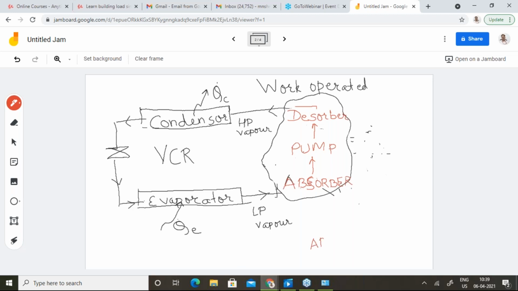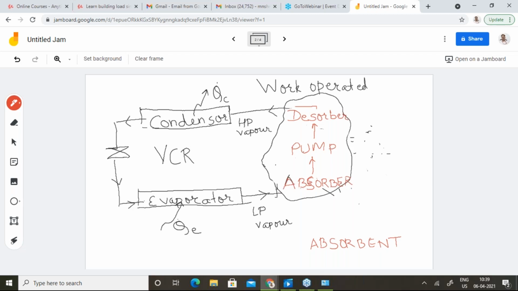So along with the important fluid, the refrigerant, we also have another fluid in the absorption system, called the absorbent. What should be the property of this absorbent? It should absorb the low pressure vapor and convert it into a liquid.